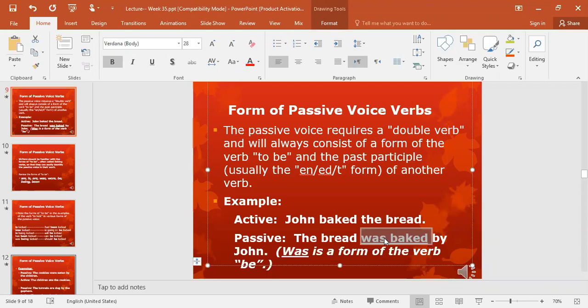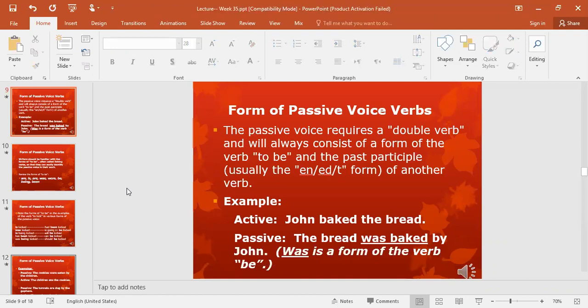As you can see, we used the helping verb was and the past participle of the verb baked. So was is a form of the verb to be and it's used with the passive form. We usually use the verb to be in the passive form in order to help the past participle of the verb. Is everything clear till now? Yes. Okay, great.